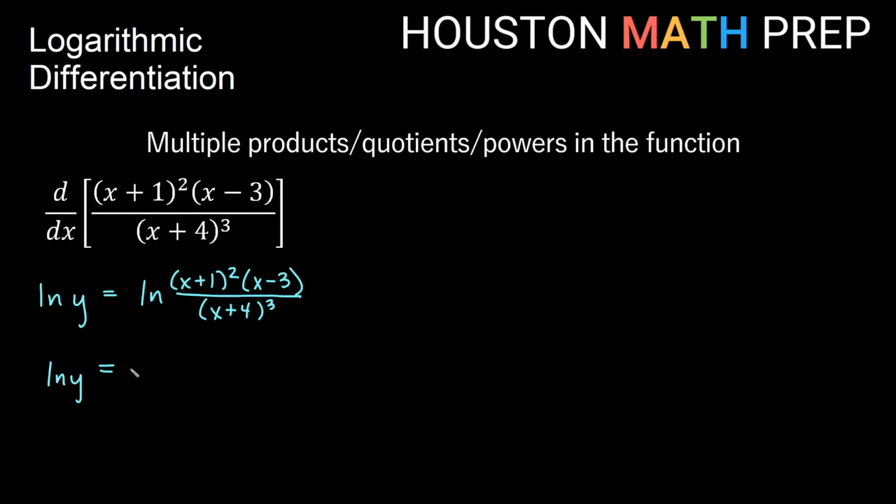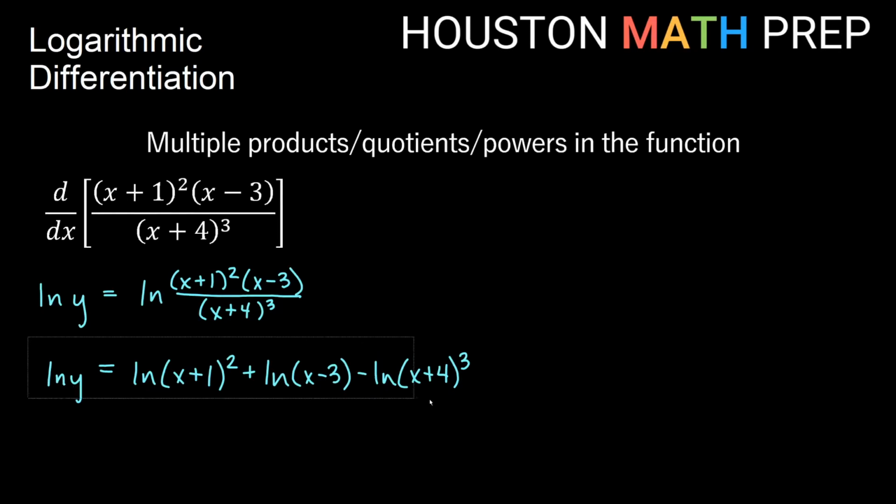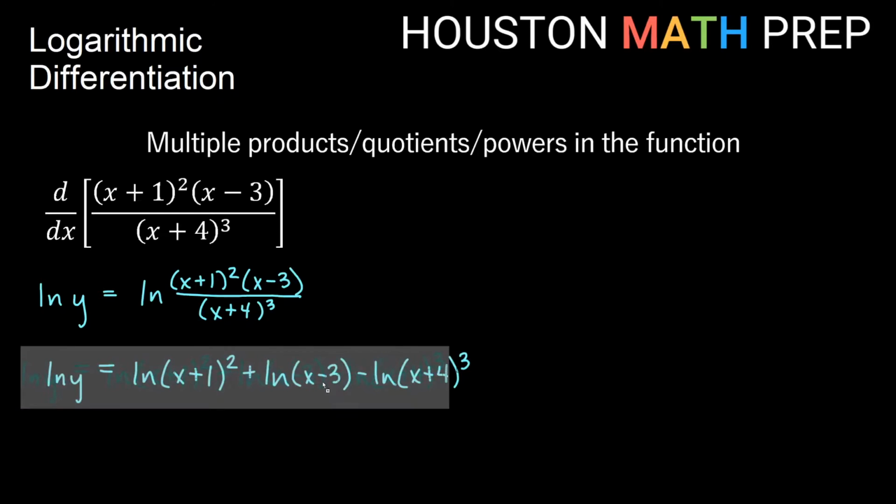So I'm going to break this all up into separate logarithms. I'm going to say the first one is x plus 1 all squared inside of a log. This is times this next thing. So we have plus ln of x minus 3. And since it's divide by this inside the log, that would make that minus ln of x plus 4 all cubed. Okay, so we've broken this up. We no longer have to deal with any sort of quotient rule, which is nice. And now what I'm going to do is actually move these powers out front as well.